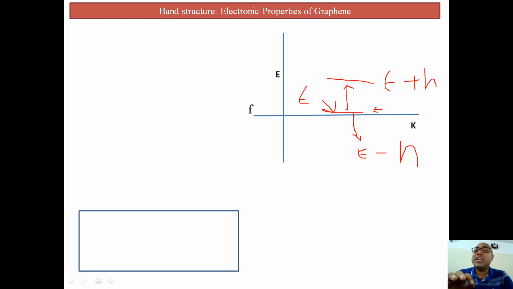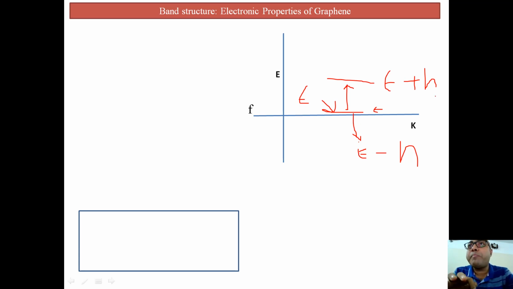Now, we are really interested in those energy states that are very close to F. How do we find them? We can find them if we don't go up or don't go down. We are going up by h or going down by h.